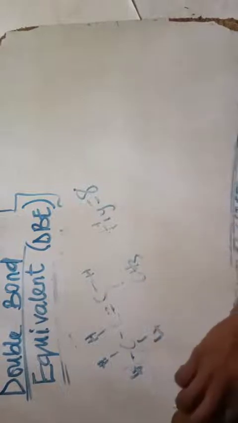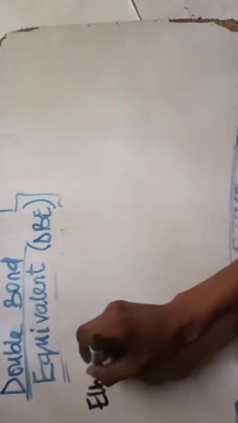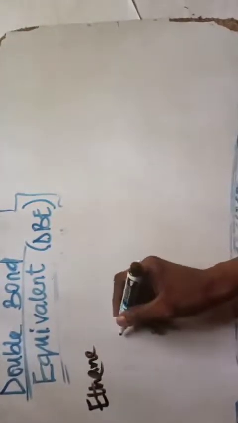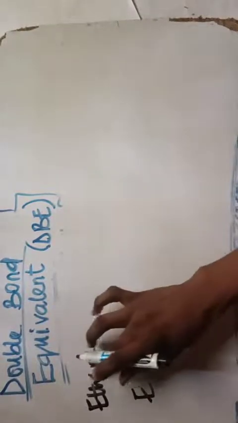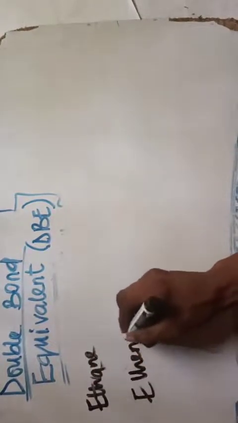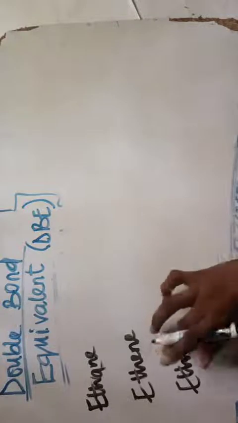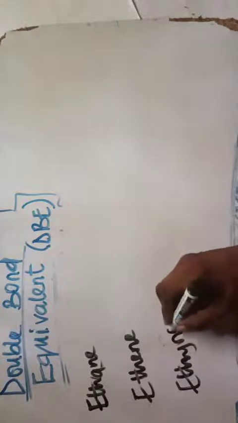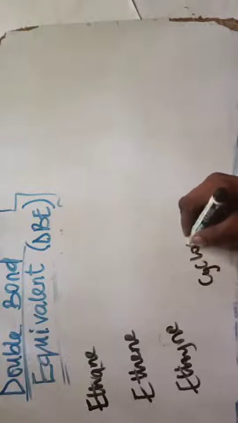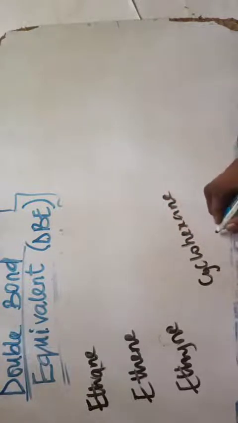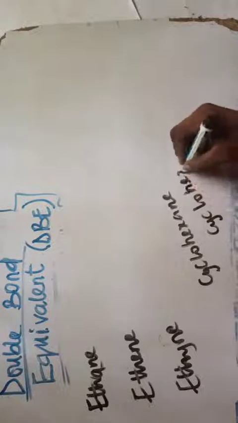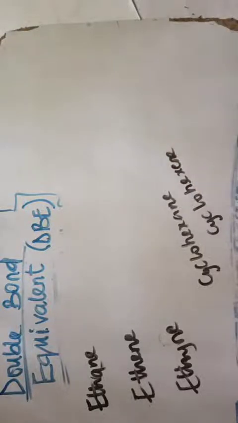Okay, so in a nutshell, let's see a few examples. Number 1 we have to consider is ethane, ethene, ethyne, and cyclohexane.